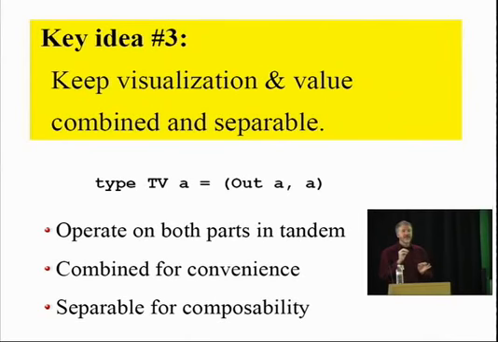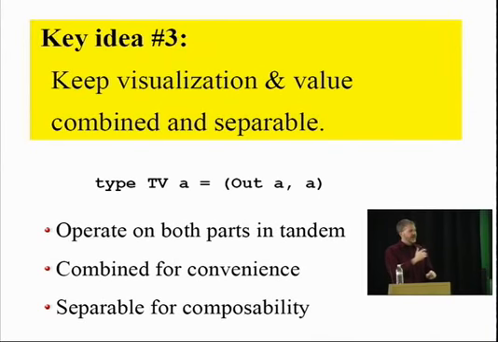Now, every operation that's done, where you see this is sort of the fusion in particular, every operation that's done is done on each of the two halves. So when I want to do a composition of TVs in one of these fusions, what I do is I simply fuse the UIs and I fuse the values. So in particular with function composition, no, let me do the application because it's simpler.